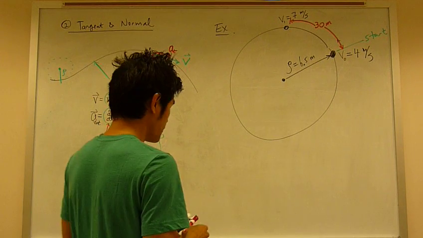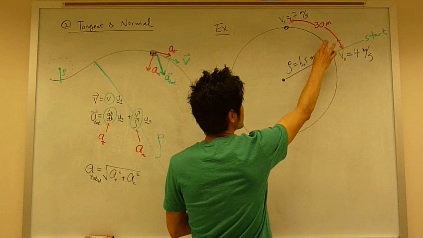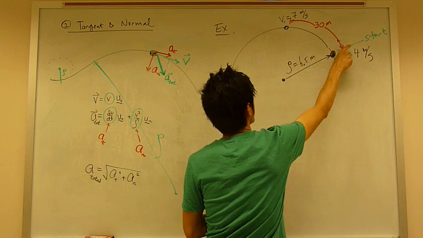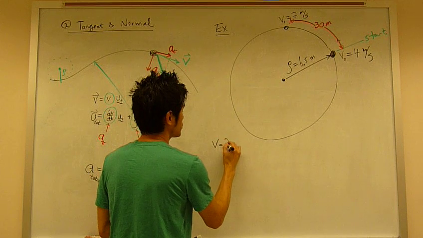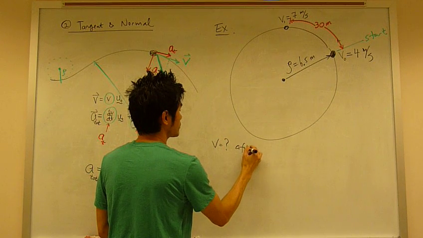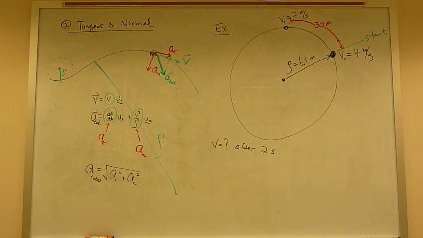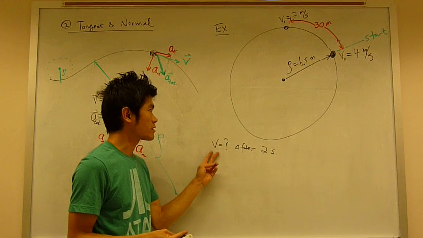Now, you're asked to find what is the velocity 2 seconds after this starting point. So velocity equals what? After 2 seconds. So you're asked to find the velocity.